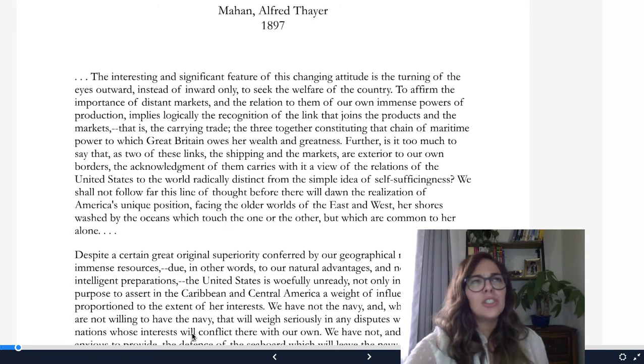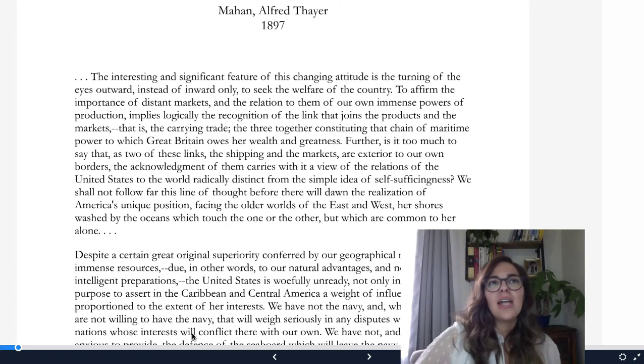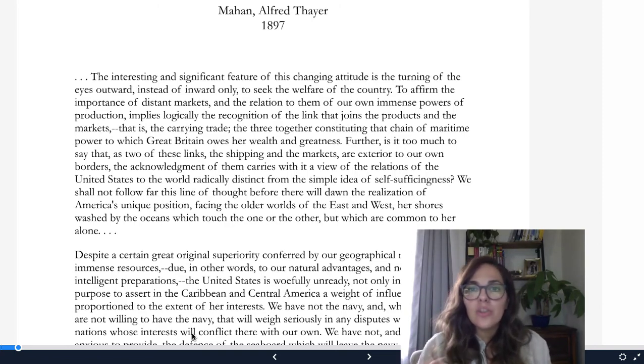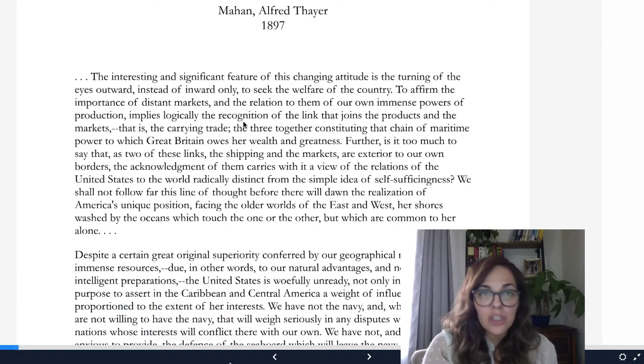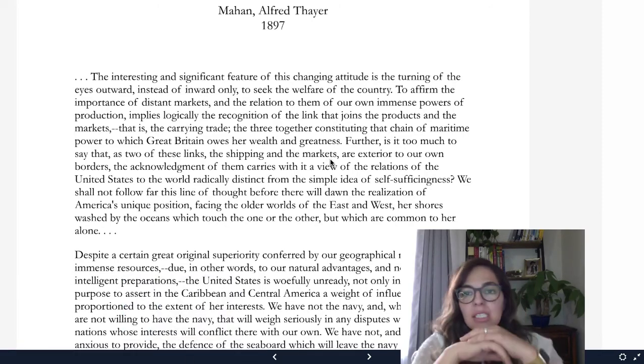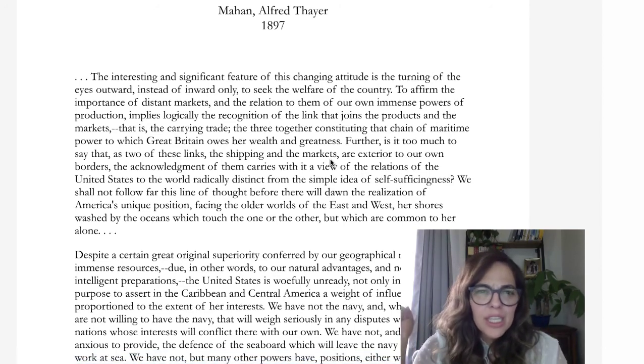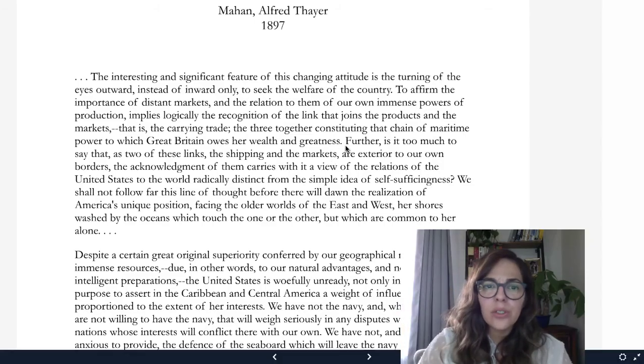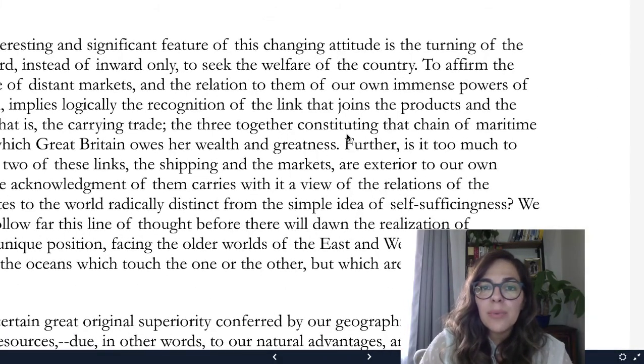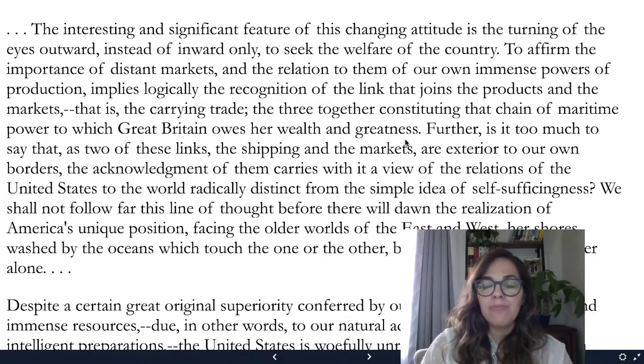Further, is it too much to say that as two of these links, the shipping and the markets, are exterior to our own borders, the acknowledgement of them carries with it a view of the relations of the United States to the world radically distinct from the simple idea of self-sufficingness.